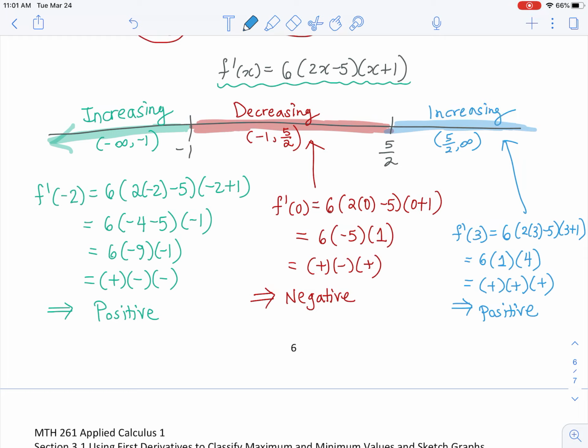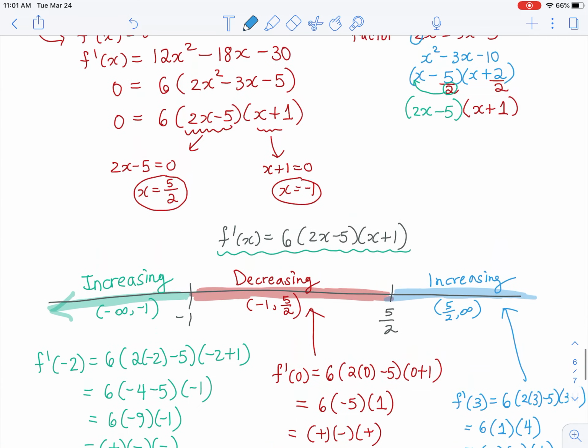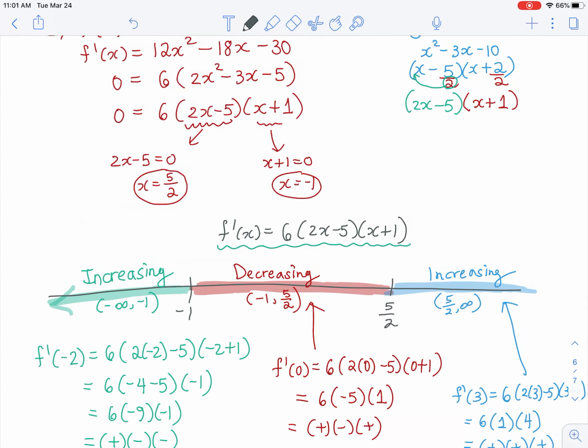All right. So if I try to sketch a general picture, not an exact perfect picture, what I'm going to have is something like this. Here's my negative 1, and here's my 5 over 2. The graph will look something like that. I'm completely ignoring the other part of the graph.